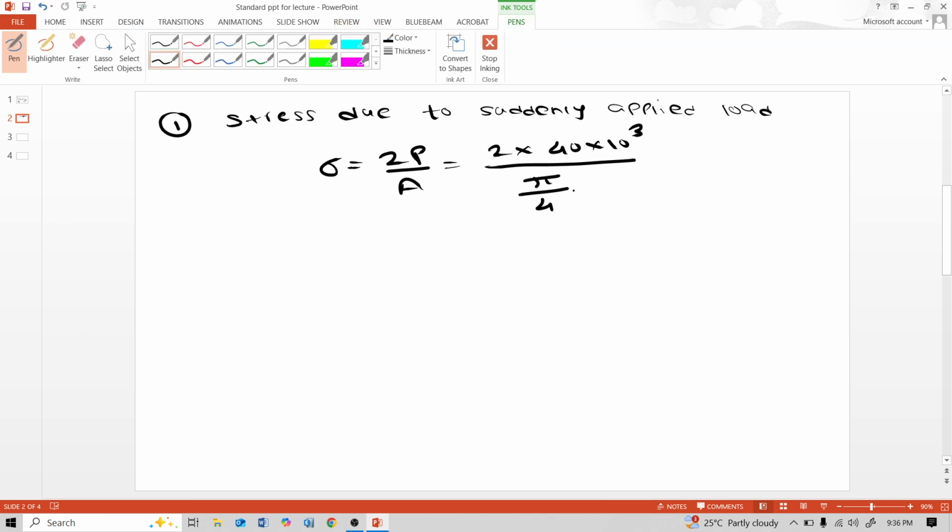And you all know the circular bar area is pi by 4 into d square, 40 square.